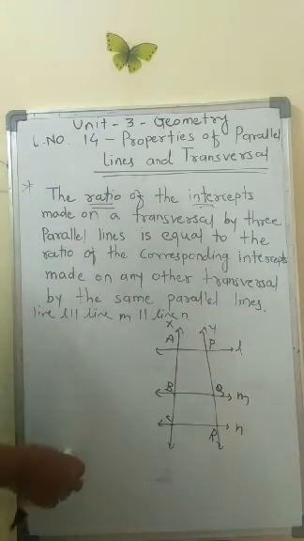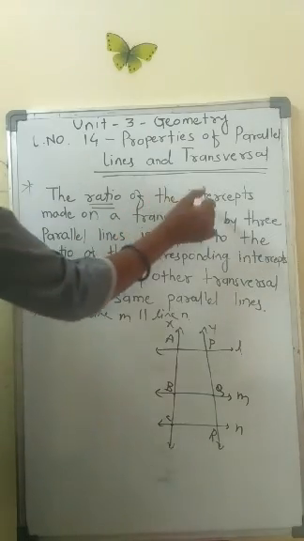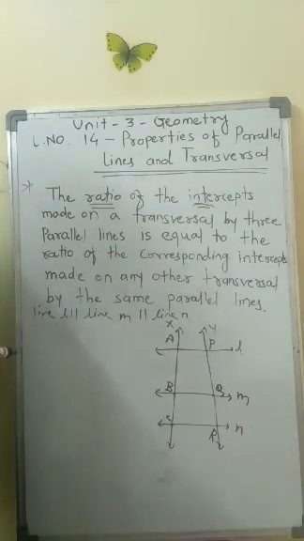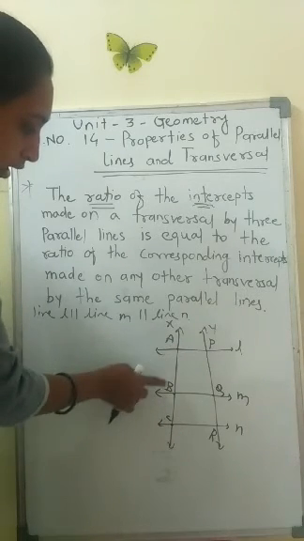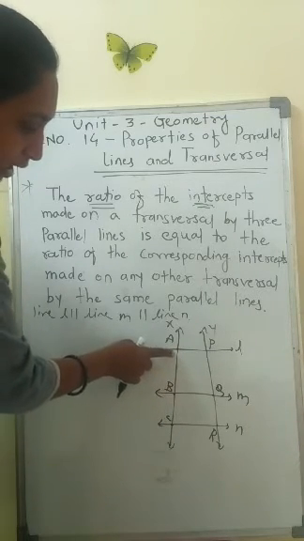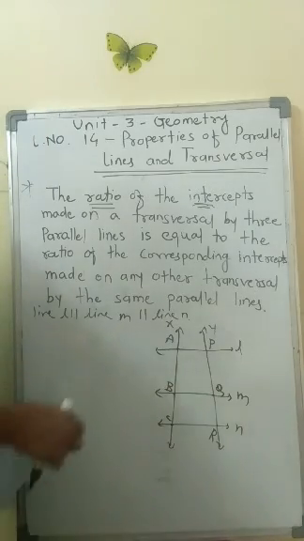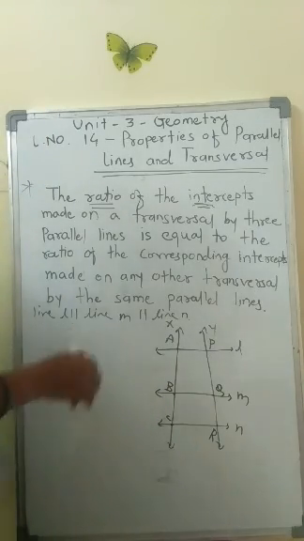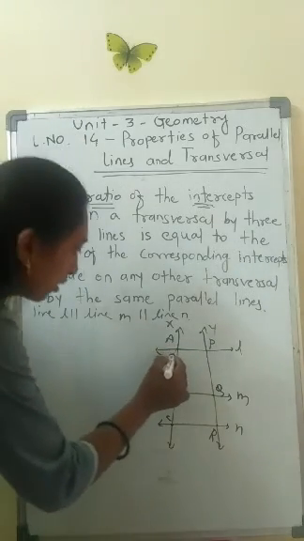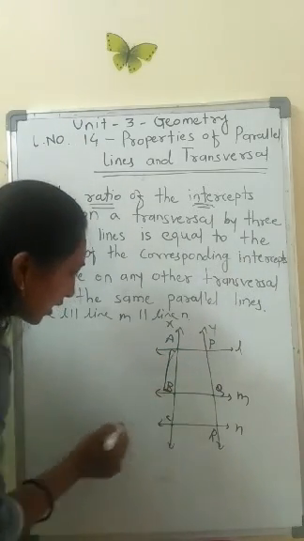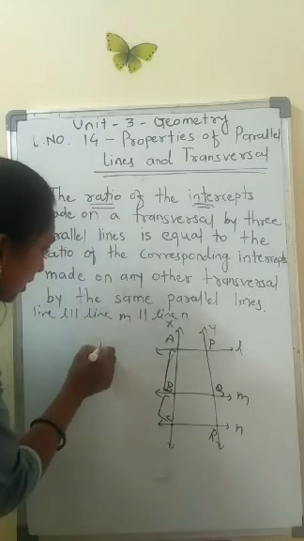This transversal X intersects the 3 parallel lines at the 3 points A, B, C. The part which is between 2 points is said to be an intercept.